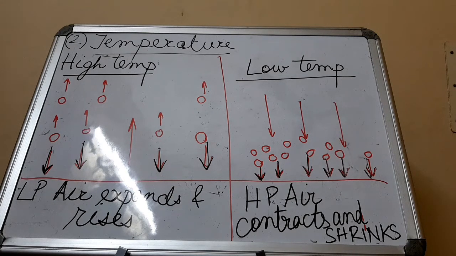So there are less number of black arrows in the first case where the temperature is high, and in the second case where the temperature is low, there are more number of gases, hence more black colored arrows, which symbolize the atmospheric pressure. So lower the temperature, higher the air pressure, because the cold air is heavy and it contracts and it shrinks to the ground. Hence more air is collected on the surface, leading to a high pressure.